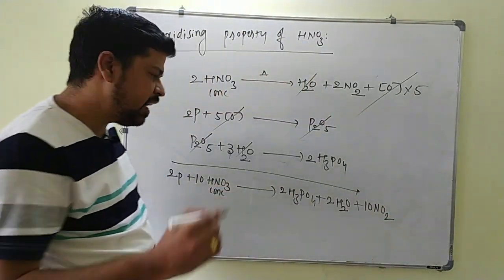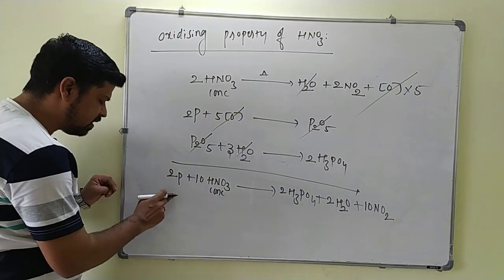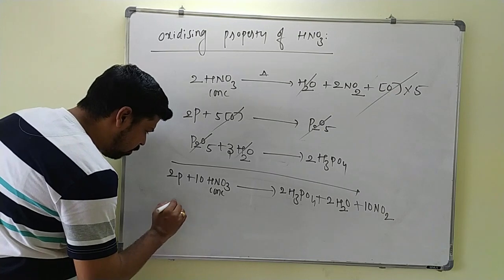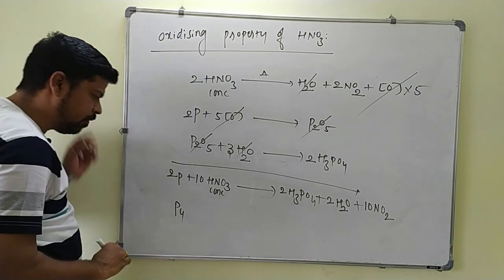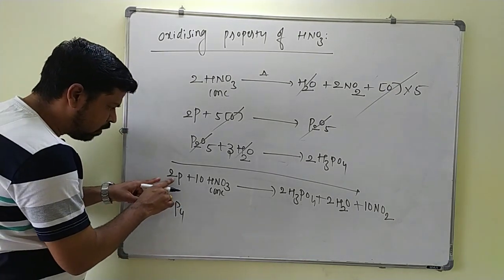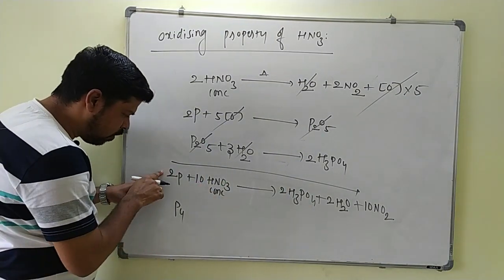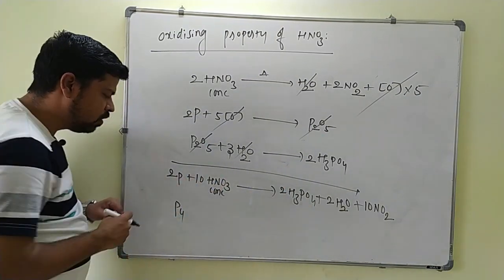But in your NCERT they have given it like this. They have given white phosphorus, that is P4. Directly they have taken the atomicity of phosphorus, that is P4. So for 2 phosphorus, these are the stoichiometric coefficients. So for 4 phosphorus you have to multiply with what? 2 here.